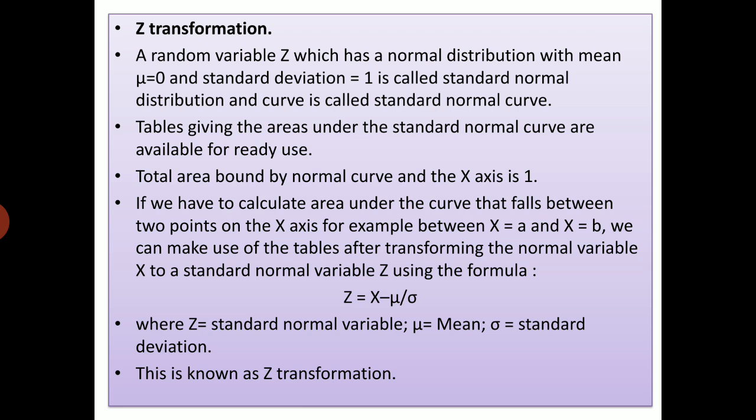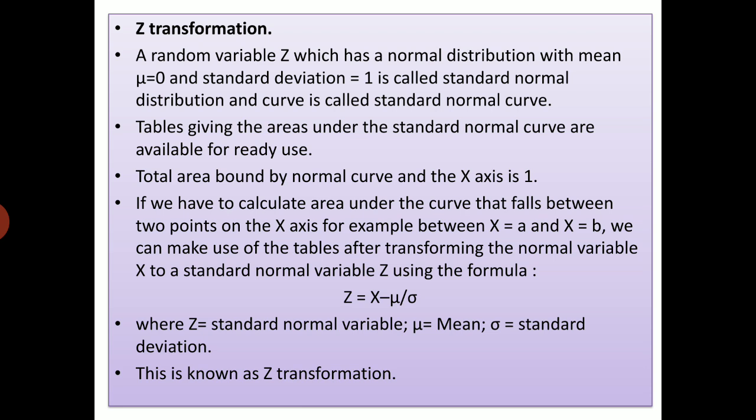So like that, if you want to calculate the area between a and b, these points, you can transform these values using the z formula. You can make use of the tables after transforming your normal values x to the standard normal variable z using the formula z equals x minus mu divided by sigma, where z is the standard normal variable, mu is the mean, and sigma is the standard deviation.